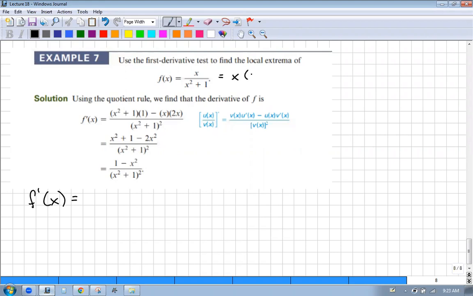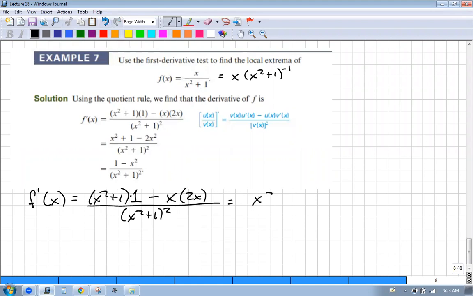This is really x times x squared plus 1 to the minus 1. You want to do the product rule? I mean, the power rule with the product rule or quotient rule? Don't care. You could do it either way. We'll do the quotient rule. Let's do that. Why not? We get the bottom thing squared, and then the bottom thing times the derivative of the top thing minus the top times the derivative of the bottom.